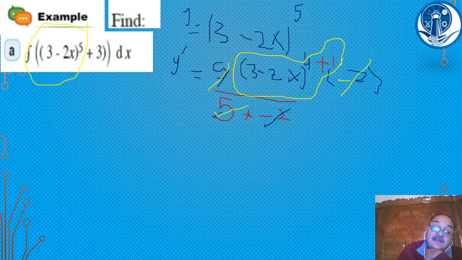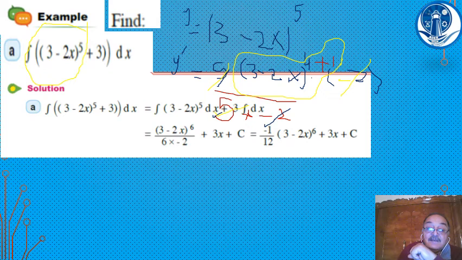Then to find the integration of that one, we add the power, divide by the new power, and times the derivative inside the bracket. This is 6 times negative 2, plus the integration of 3, which is 3x, plus c. This is negative 1 over 12 and so on.